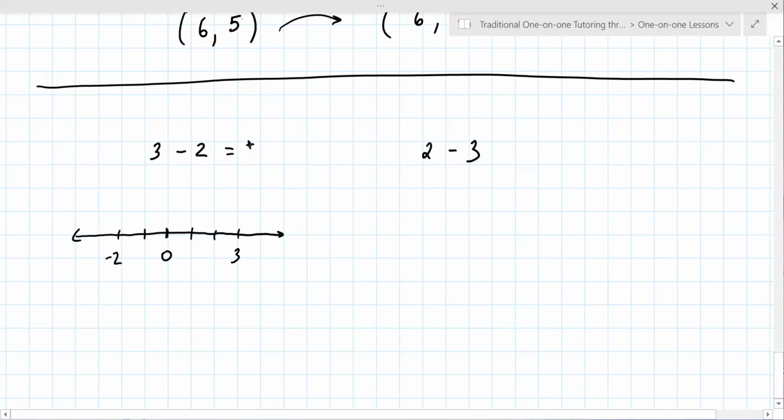We don't normally write positive. So then you actually just subtract the numbers, 3 minus 2, which is 1. Now here, it's the same question on the right. Which is further from 0? 2, because 2 is positive, or -3?